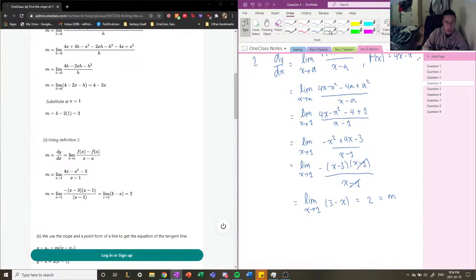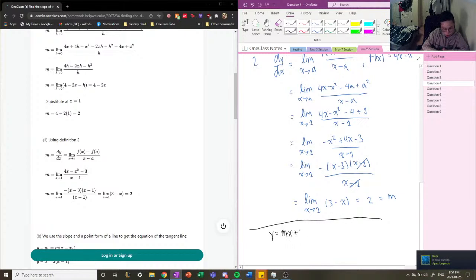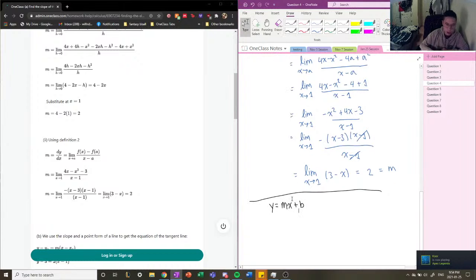Therefore, we have found the slope of the tangent line, and now we can find its equation. If y equals mx plus b, where m is the slope and b is the y-intercept, we have the slope to be 2, and we just need to calculate the y-intercept.